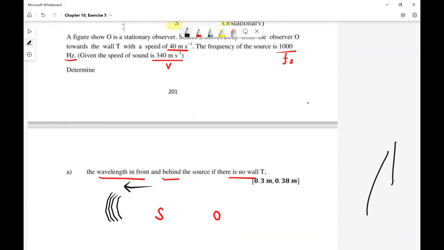Dekat bahagian belakang ni, wavefront dia lebih besar, dia stretch. So daripada V equals F lambda, lambda equals V over F, yang mana V ni constant.